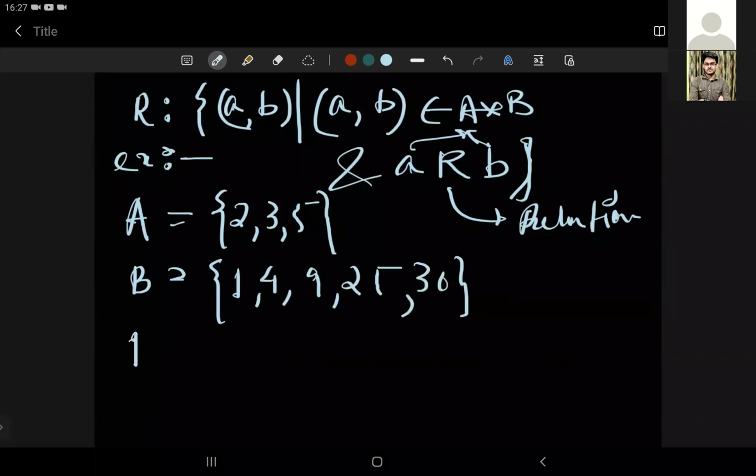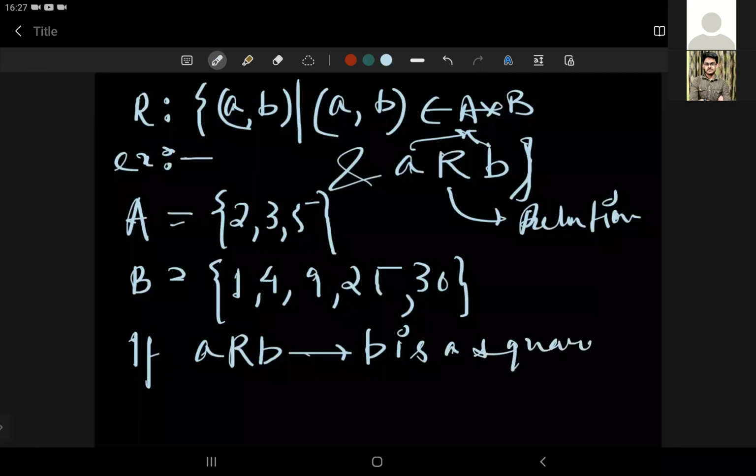Then if I define a relation between them, a R b, such that b is a square of a, can anyone tell me what the elements of this relation are? What are the ordered pairs contained in this relation? (2, 4), (3, 9), and 5? No, 5 is not there. (2, 4) and (3, 9). And (5, 25). Yes, (5, 25).